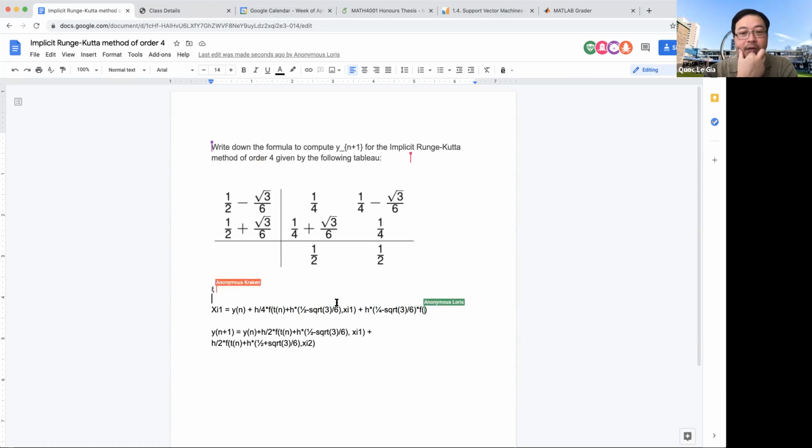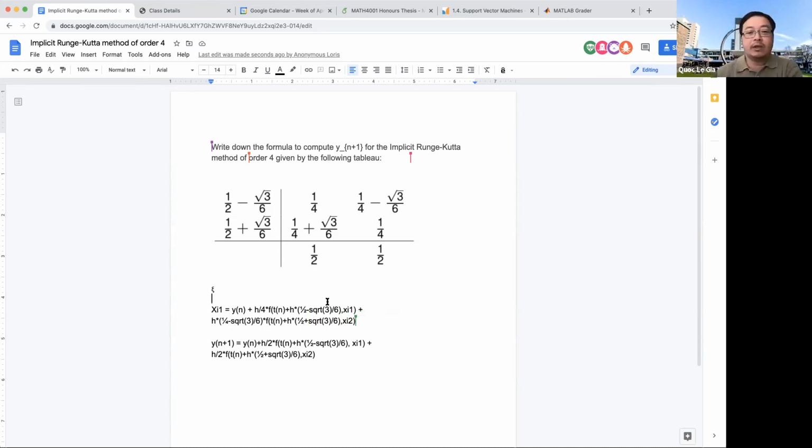Yes, f of tn, okay. And then make sure that you put it in the equation correctly.